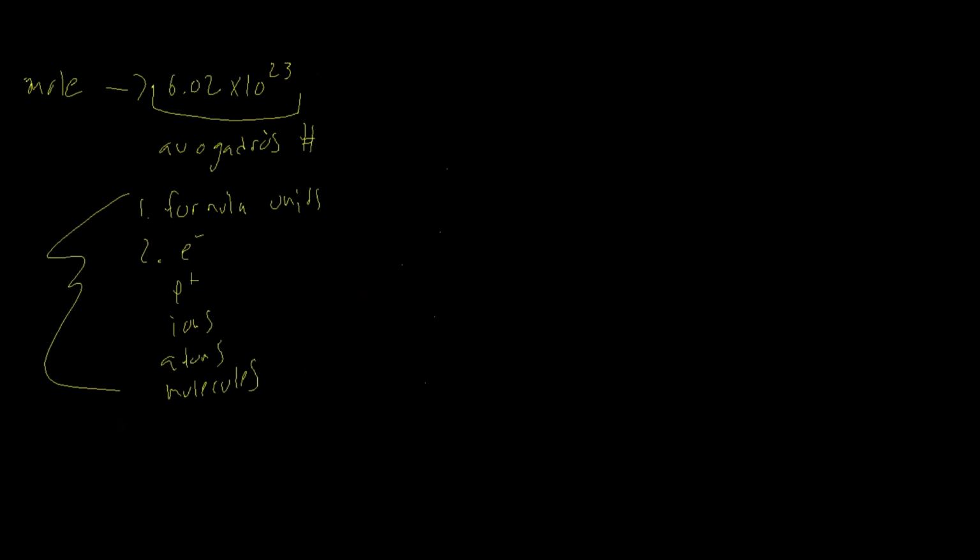A mole works in the very same way that if we say the word dozen, immediately you think of donuts and 12. The word dozen isn't necessarily reserved for donuts, but most of the time it just so happens to be that way. When we talk about dozens, we're typically talking about donuts. Same exact thing with moles in chemistry.